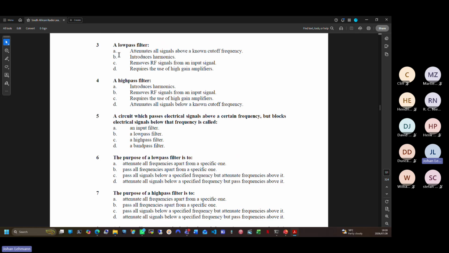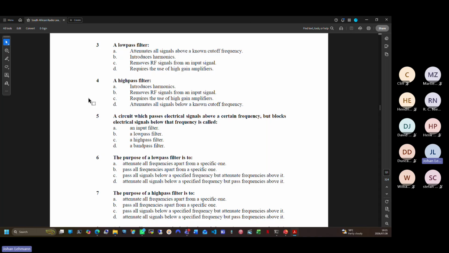Low pass filters. Attenuates all signals, introduces harmonics, removes RF signals, requires the use of high gain amplifiers. A, attenuates all signals above a known cutoff frequency. High pass filter, the opposite, D. See, these are easy questions.